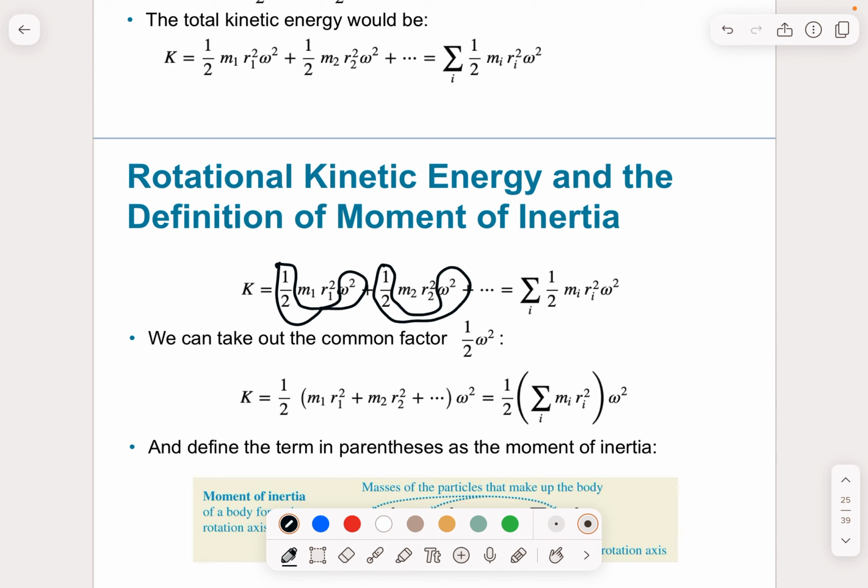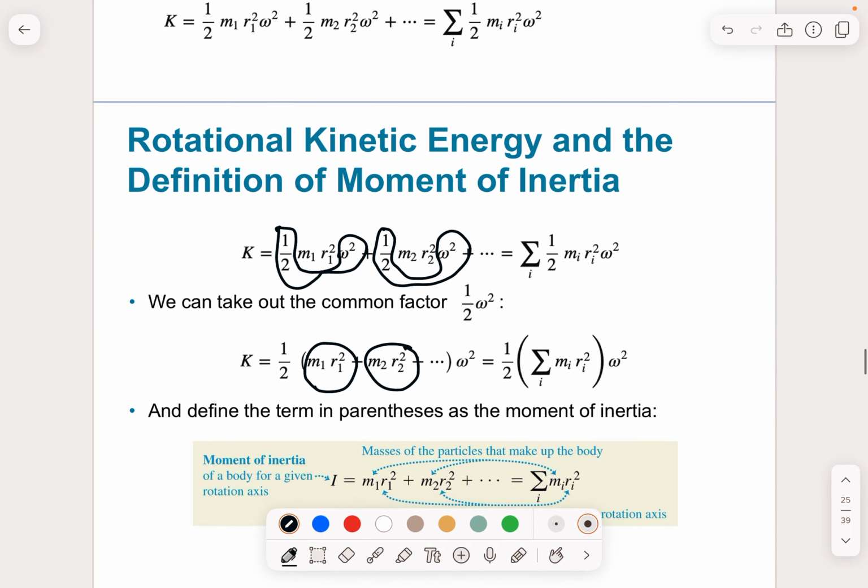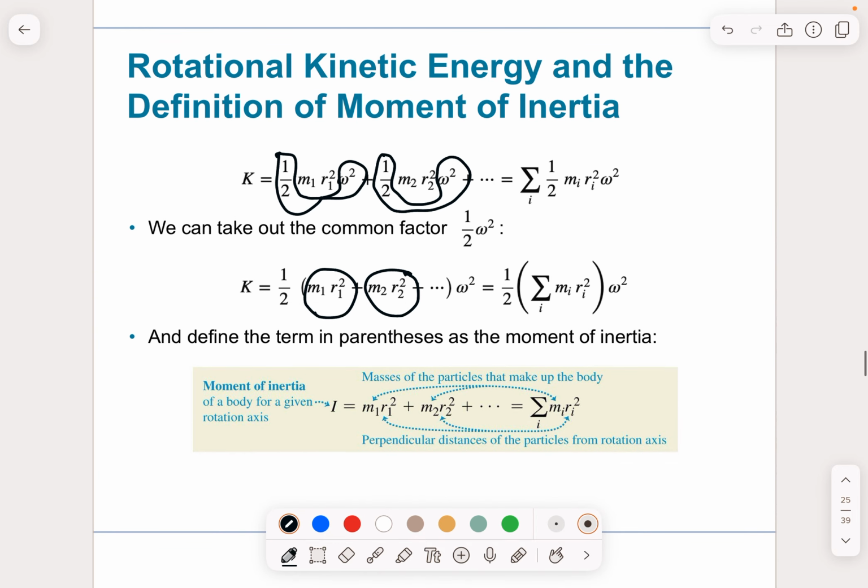So we pull that out, and everything that's left behind, which is m r squared, is going to be included in a summation, right? Because we're adding essentially m r squared for each object in the system. This m r squared is actually a term called the moment of inertia.